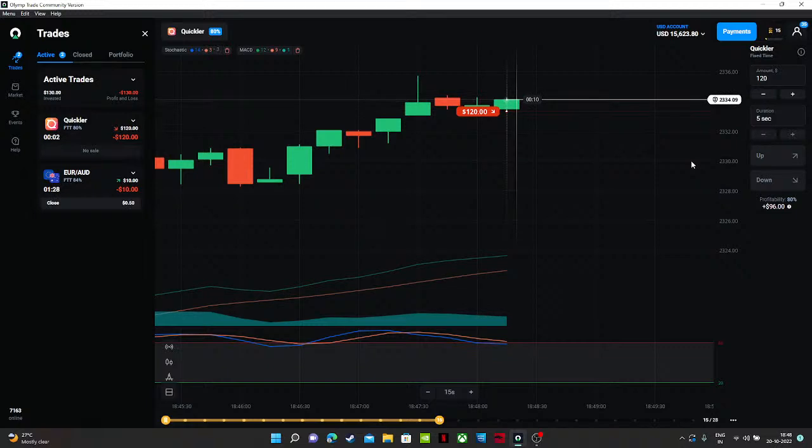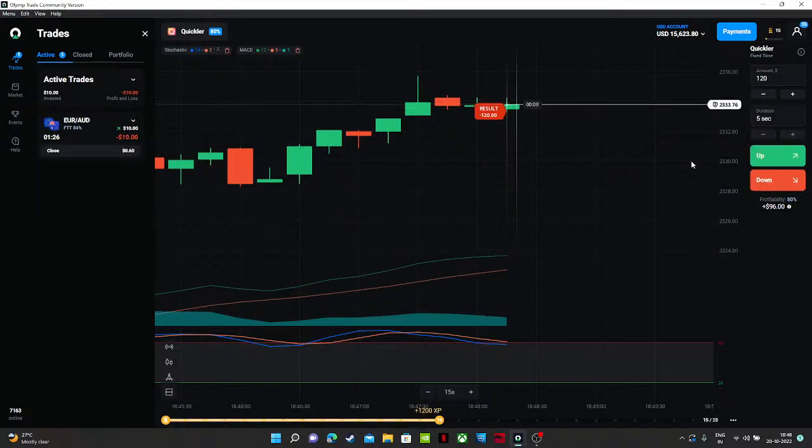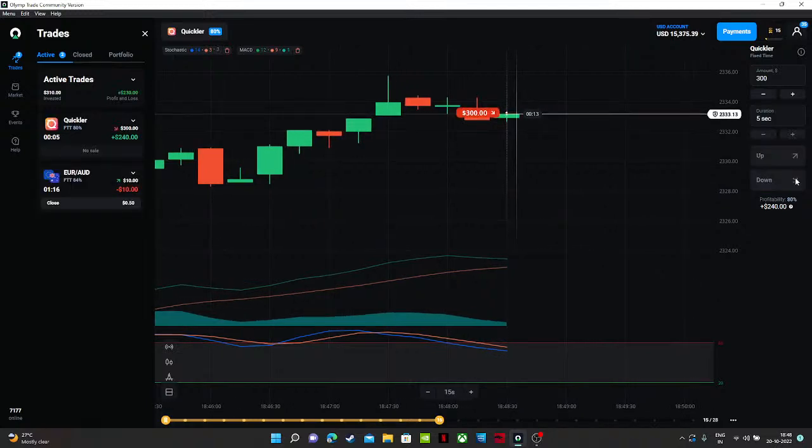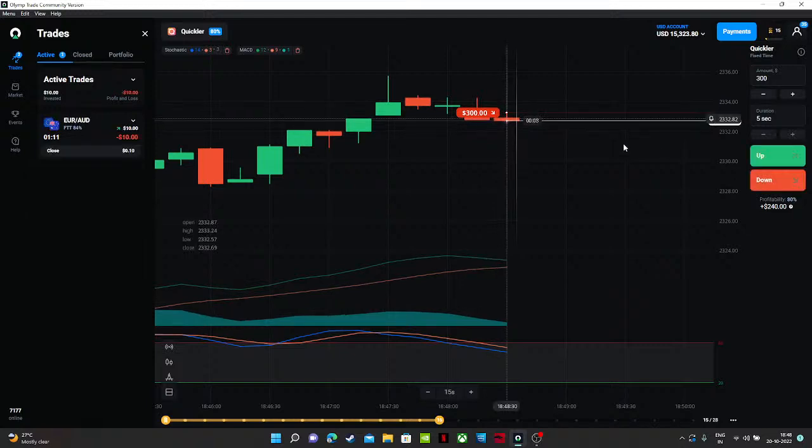Guys, you should always follow your Martingale according to your capital. Since I have a bigger capital, I can follow the Martingale according to my capital. Wherever we win a particular trade, the previous losses will be recovered. So this is how the Martingale principle works.